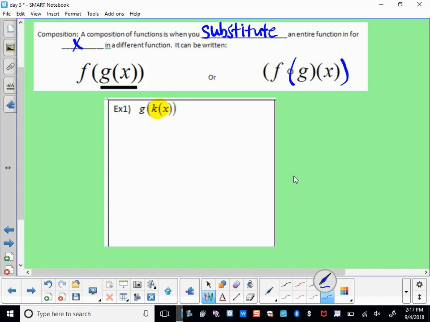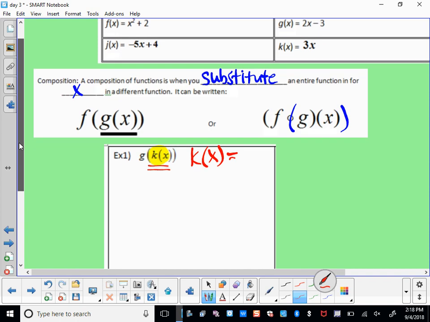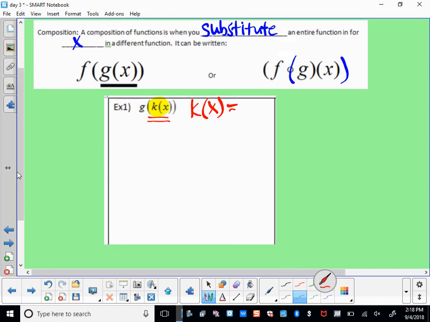Okay, I want you to highlight whatever is on the inside. So k of x is on the inside. What that means is, off to the side, I'm going to write out what k of x is. And k of x is 3x.